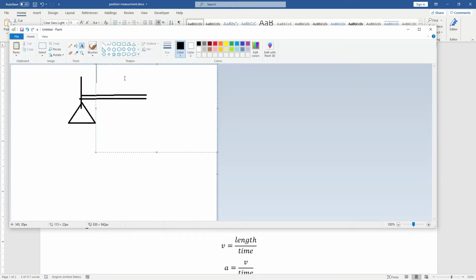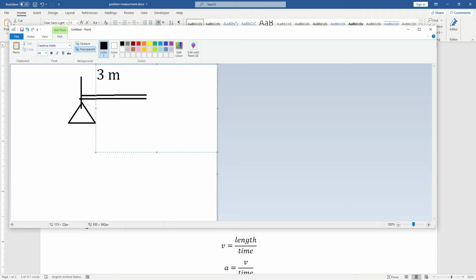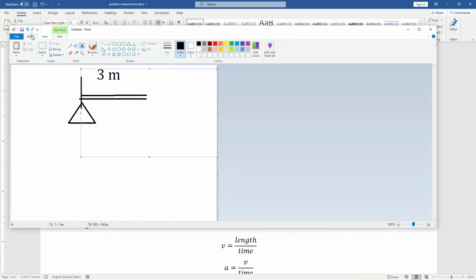Let's say, for example, 3 meters. So from the reference, the fixed reference, until the edge here, I have a 3 meter position. The position is at 3.